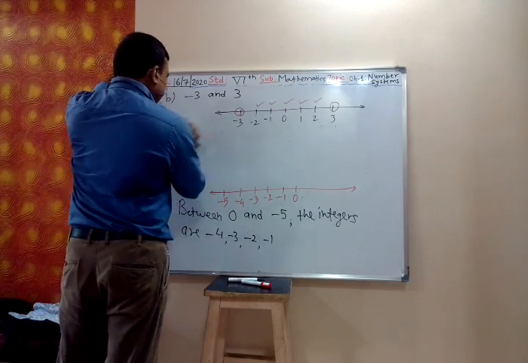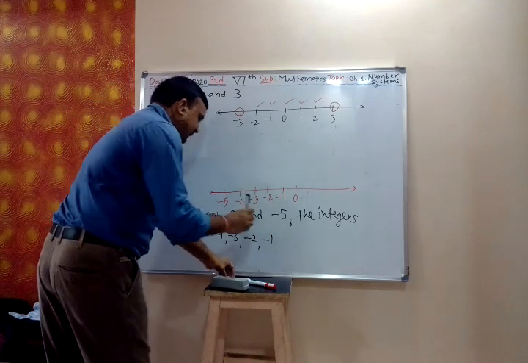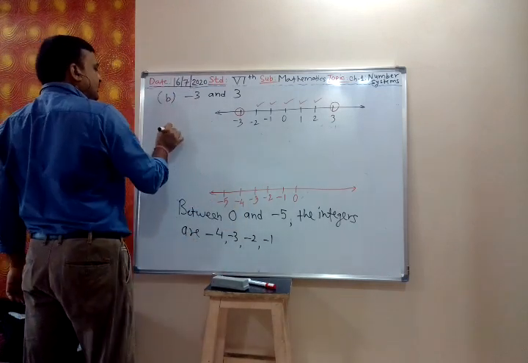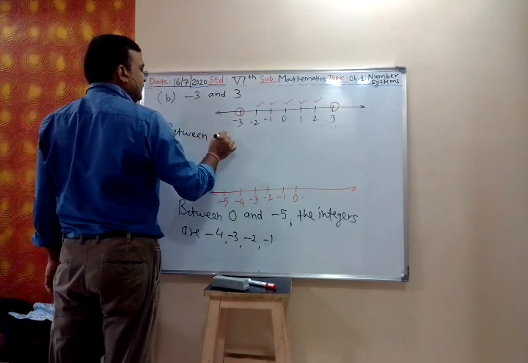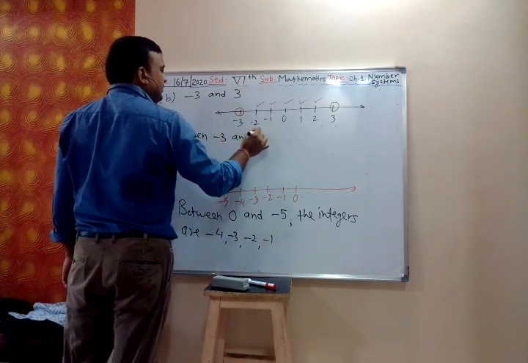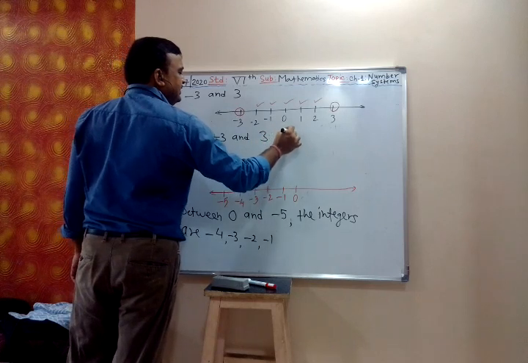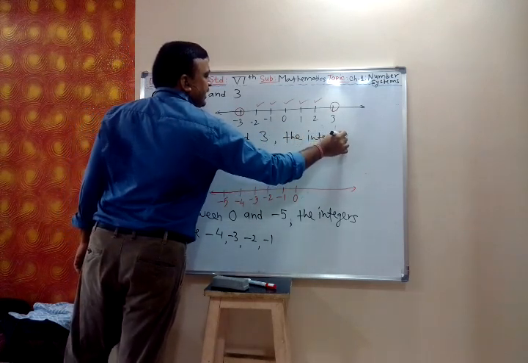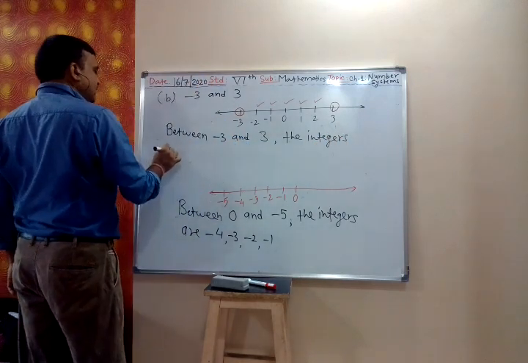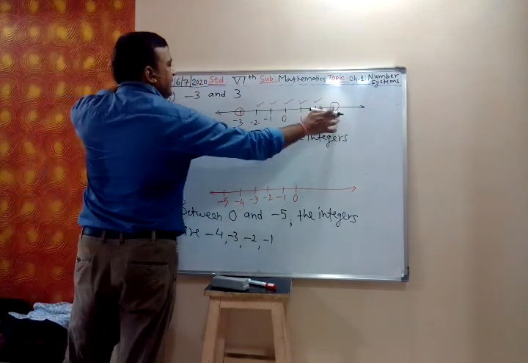Between minus 3 and plus 3, the integers are... what are the integers between minus 3 and plus 3?